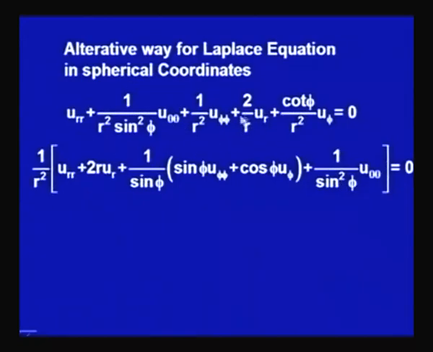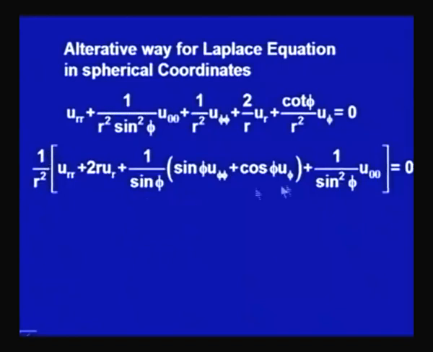So, from here what we are getting is 1 upon r square outside, 1 upon sin phi I have taken out. So, for u phi phi the coefficient I have to multiply is sin phi, and then I would get cos phi u phi, and this 1 upon r square sin square phi times u theta theta, that is as such. This is equal to 0. This would be my equation.